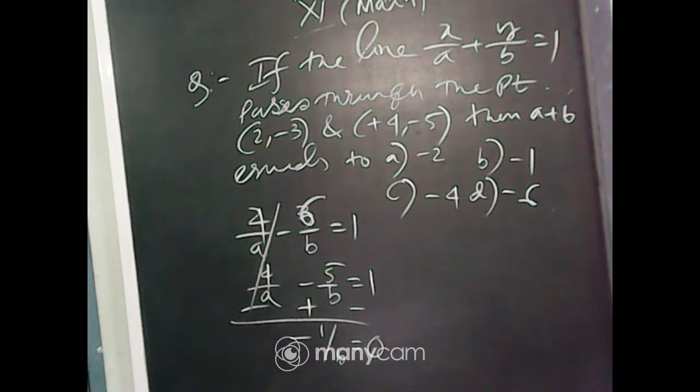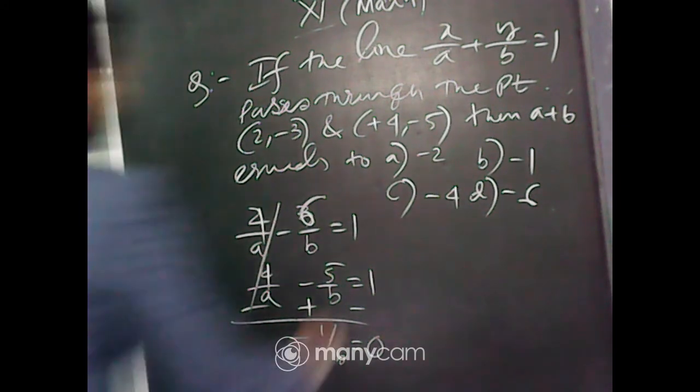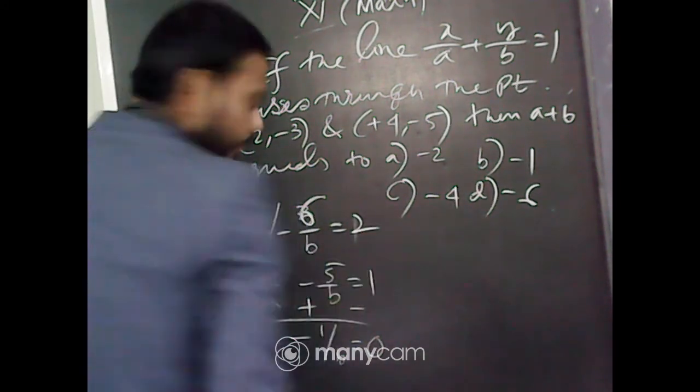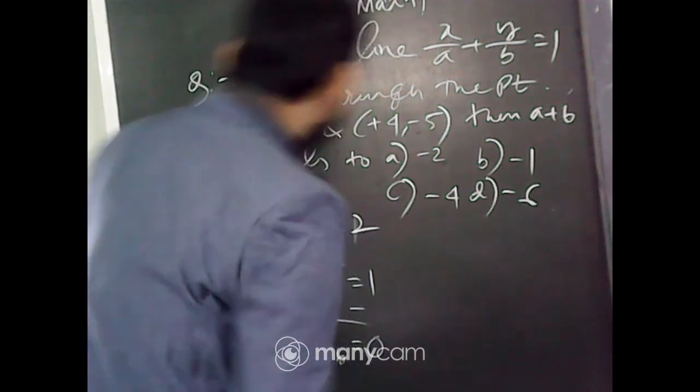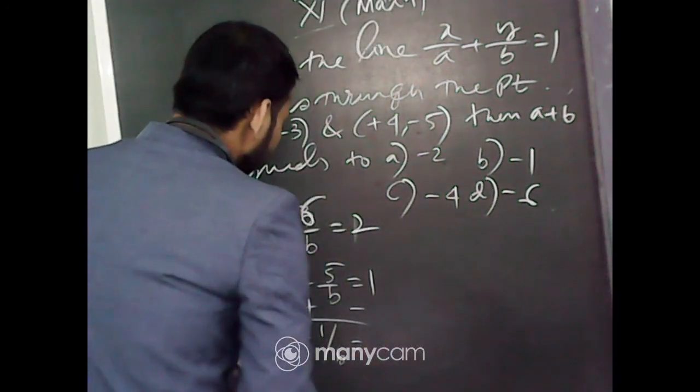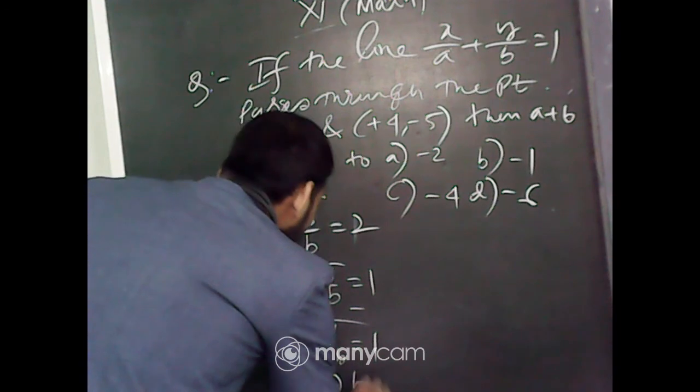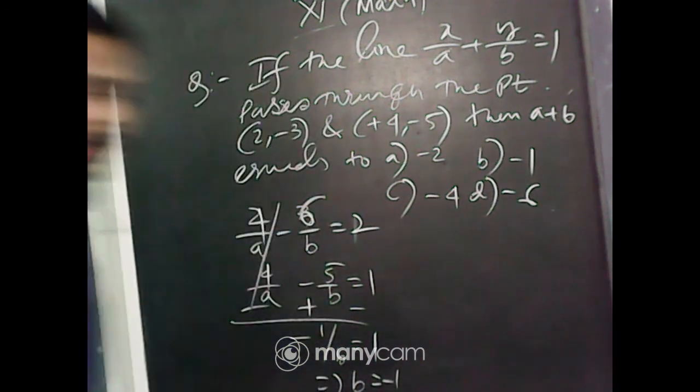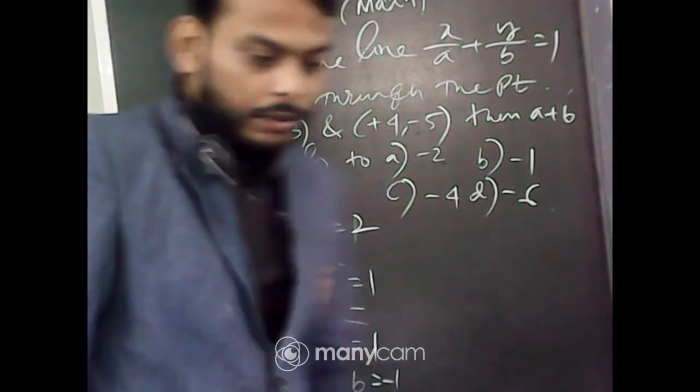So minus 1 by b equals, sorry, it will be 2, so it will be 1. So b equals minus 1, isn't it, Vishal? b equals minus 1.